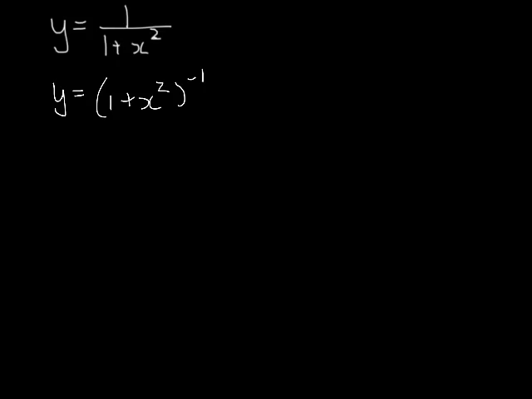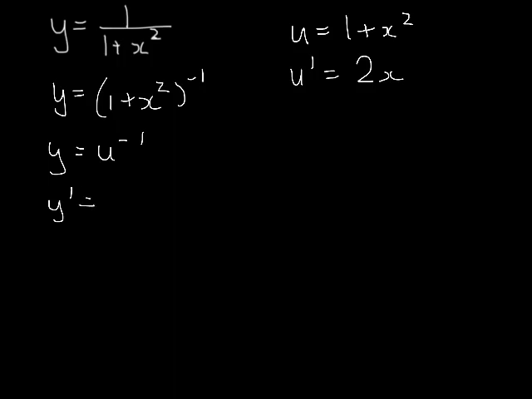Okay, now we have u is 1 plus x squared, which means u dash equals 2x. So y, which is u to the minus 1, means y dash is going to be minus 1 u to the minus 2 times u dash, using the chain rule.